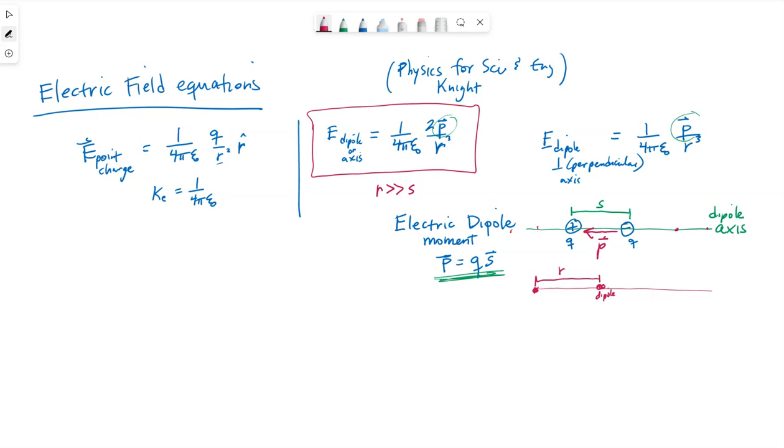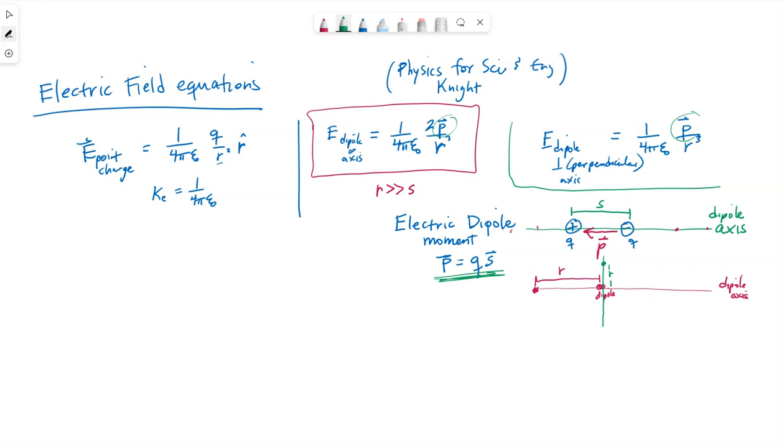So on axis just means along this line of the dipole axis, the line that connects the two charges. The other one, perpendicular to the axis, going out this way, perpendicular to the line that connects them.